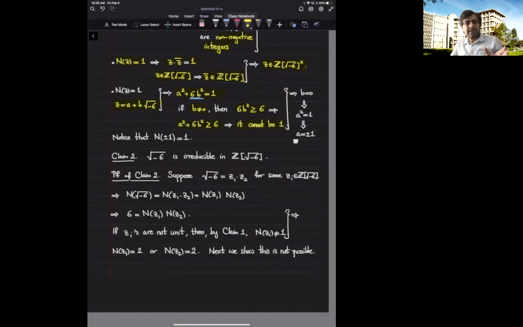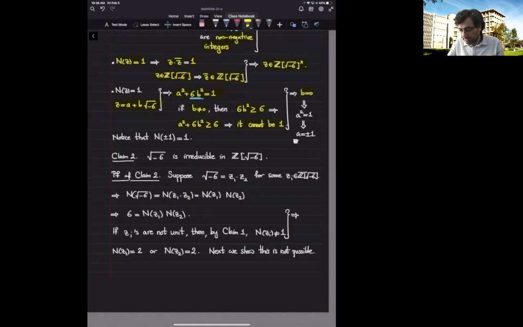That means if I tell you a plus b times root -6 is a unit, I can deduce b should be automatically 0. Because we argued that if a plus b root -6 is a unit, then a squared plus 6b squared is 1. And this argument implies b cannot be nonzero, so b is 0.